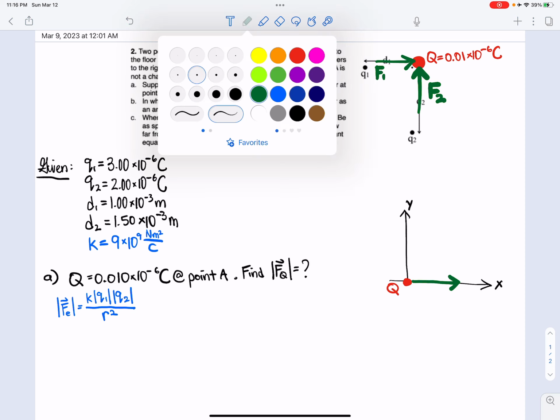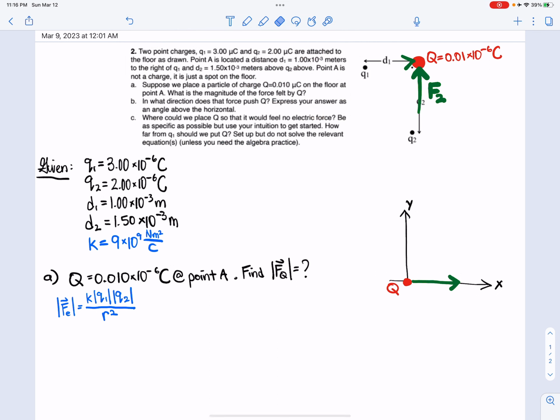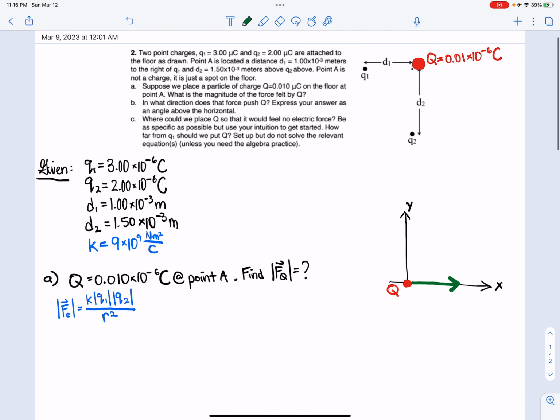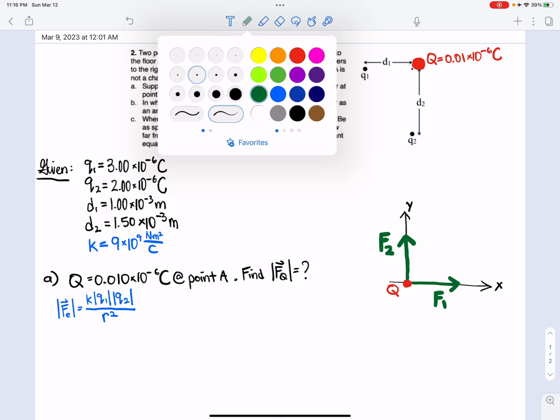So let's draw that in our coordinate system. Here I have F1, or force due to Q1, and here I have F2, which is my force due to Q2.